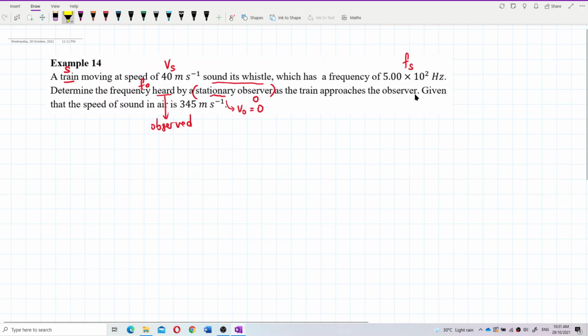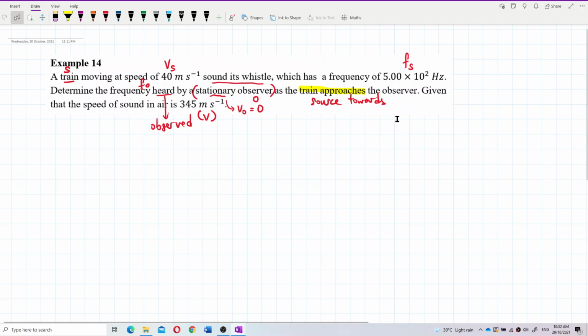So the source is moving towards the observer. Given the speed of sound in air, this is V, 345 meters per second. Check the unit, all in SI unit, meters per second.